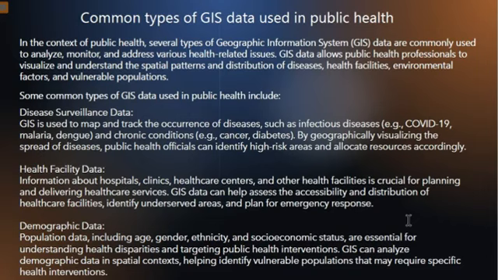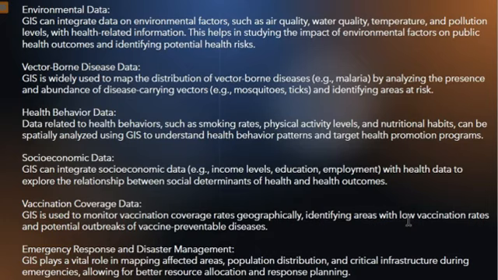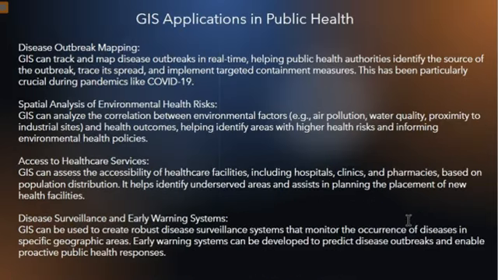Some common types of GIS data in public health: disease surveillance data, health facility data, demographic data, environmental data, vector-borne disease data, health behavior data, socioeconomic data, vaccination coverage data, emergency response and disaster management data, and so forth.